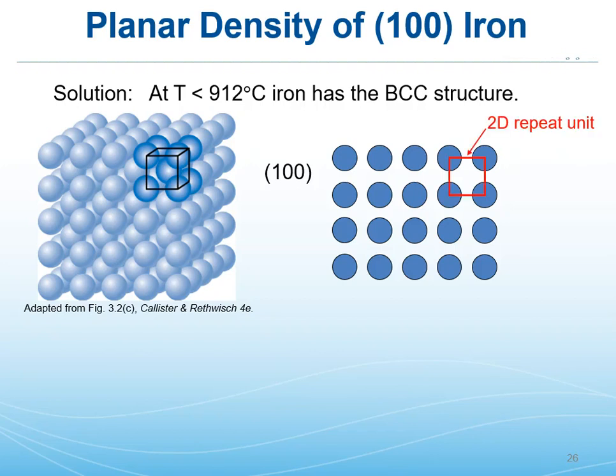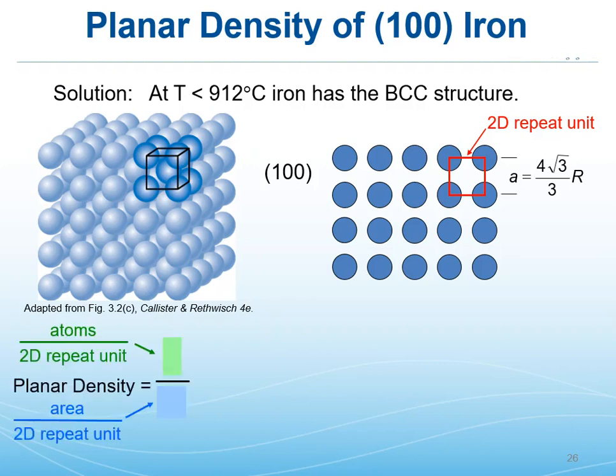And you can see there's our unit cell repeat, or our unit cell projection. Having calculated the relationship between the lattice parameter a and the radius of the atoms in the unit cell using the body diagonal, we know that we have this relationship between a and R. So we can use that to get the area that we're looking at there, effectively the unit cell face. All we have to do is figure out how many atoms we've intersected on that face.